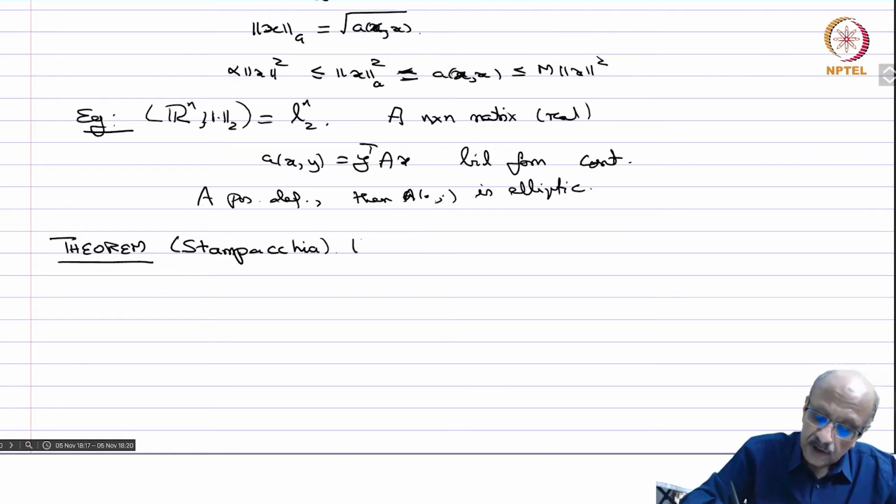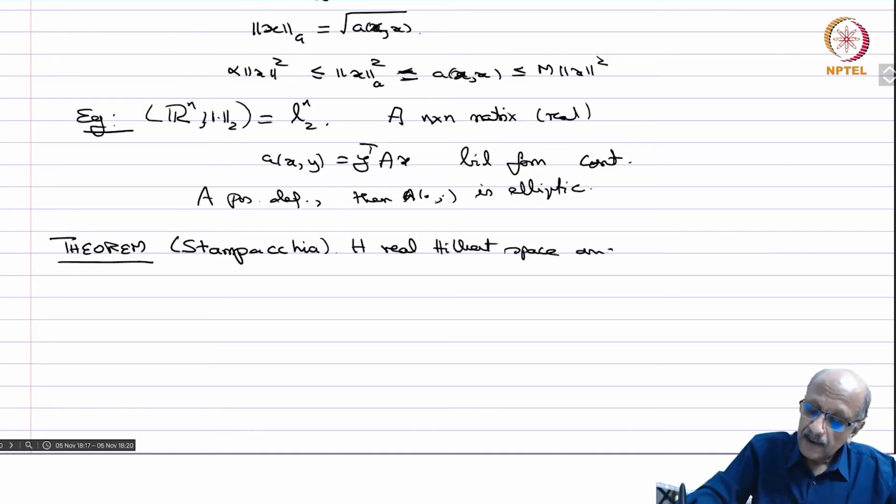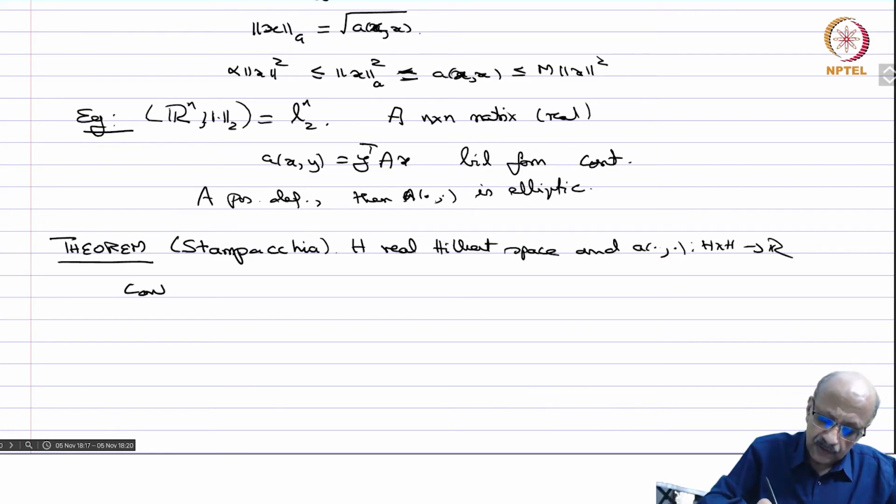So H is a real Hilbert space and A from H cross H to R is a continuous and H elliptic bilinear form.